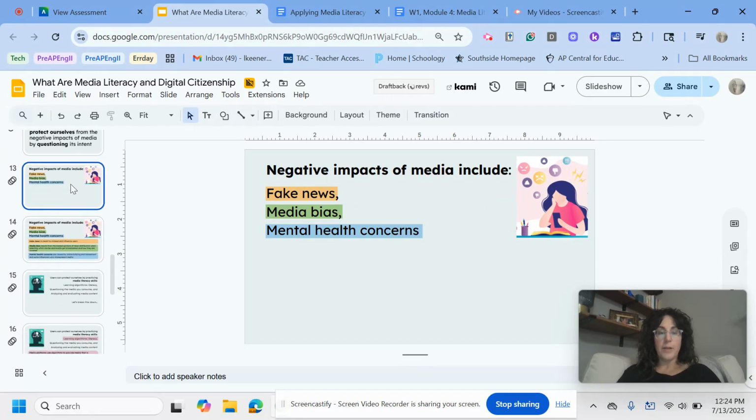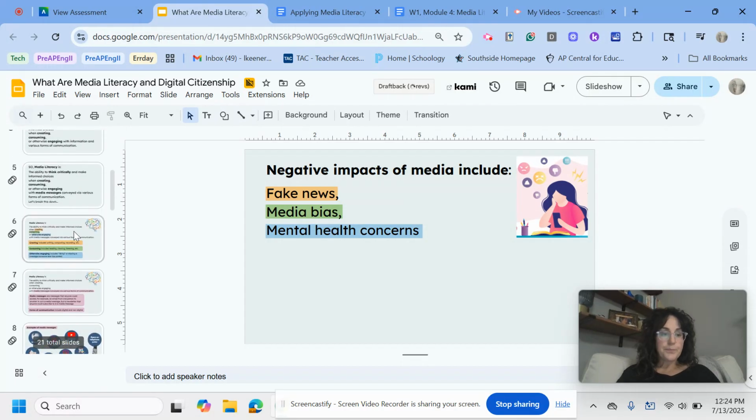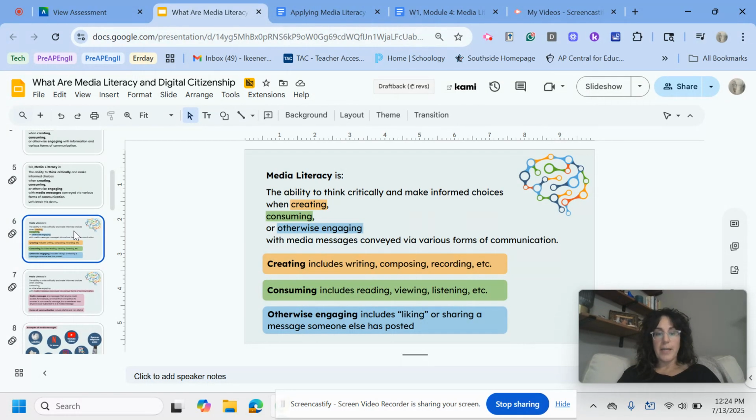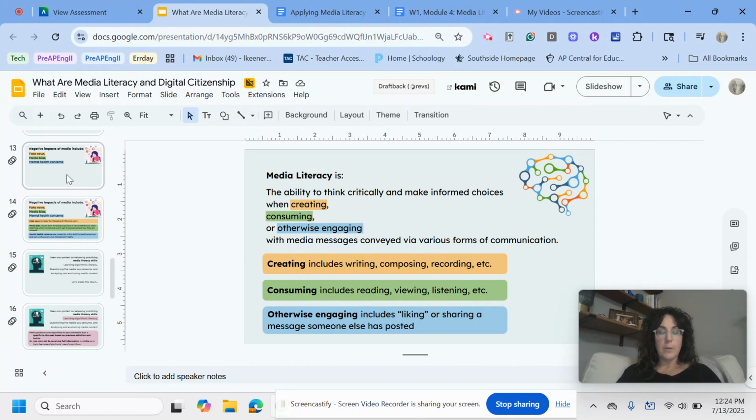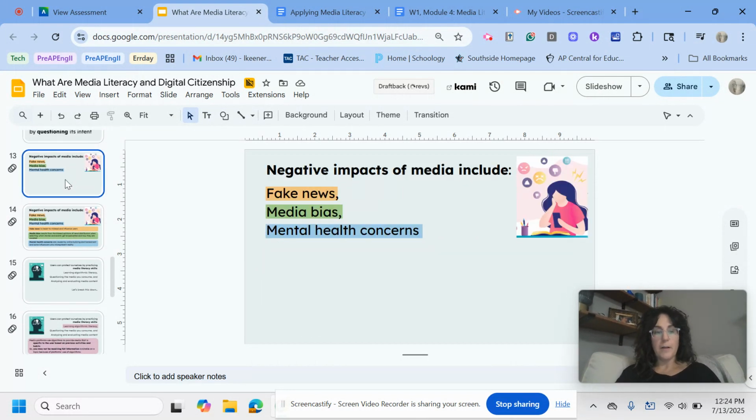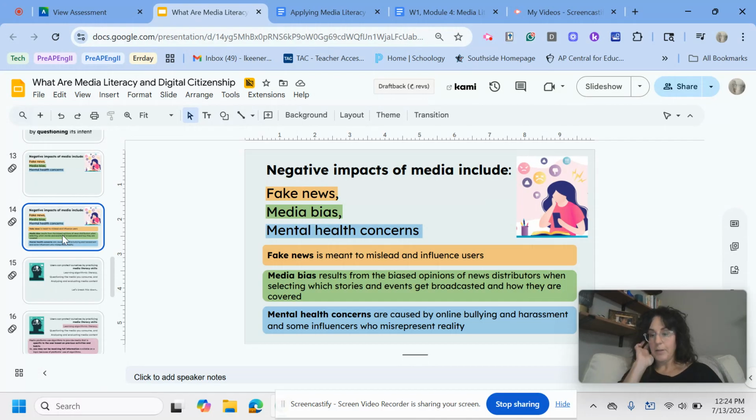And as before, whenever we looked at what it means to create, consume, and otherwise engage, down here, we'll follow a similar format, hopefully making it easier for students to follow: fake news, media bias, and mental health concerns. So fake news is any kind of media that's meant to mislead and influence users.